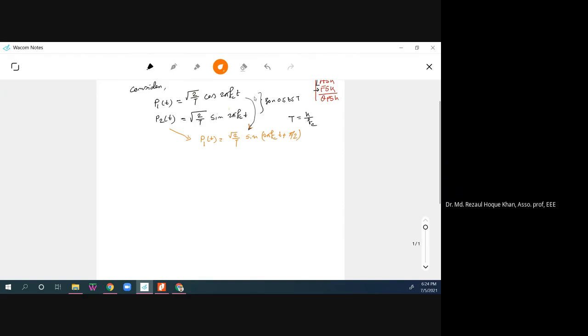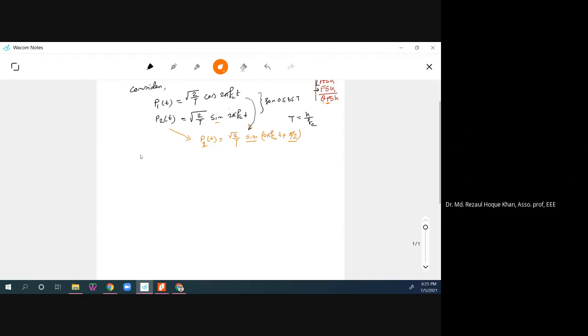P1 and P2 both are sine signals with a pi by 2 shift. P1 is actually a pi by 2 shifted version of P2. Or in general, one pulse is a pi by 2 shifted version of the other one. That's why here we have quadrature phase, because we need phase shifting, meaning we have to change the phase. That's why we introduce this phase.